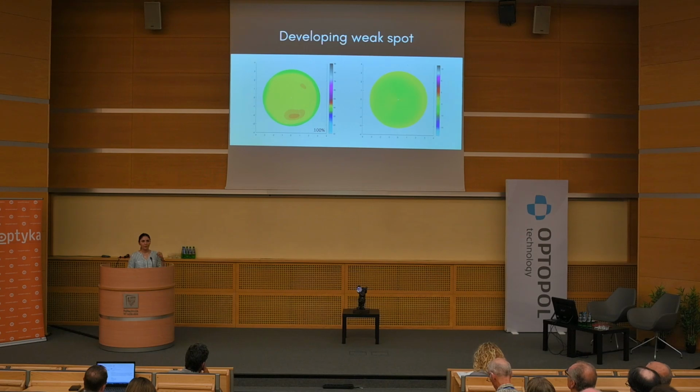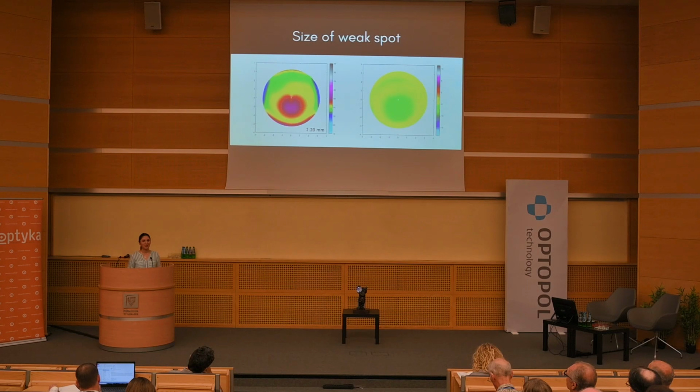As you can see, in the center of the weak spot, a strong curvature is created, which is dependent on the stiffness reduction, but also dependent on the size of the weak spot as well.